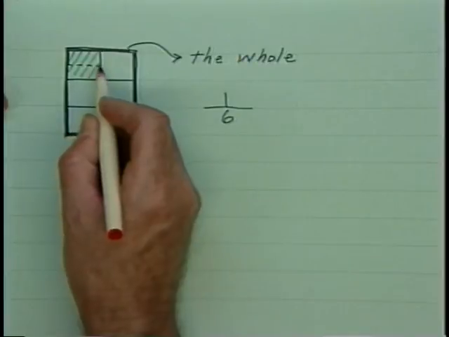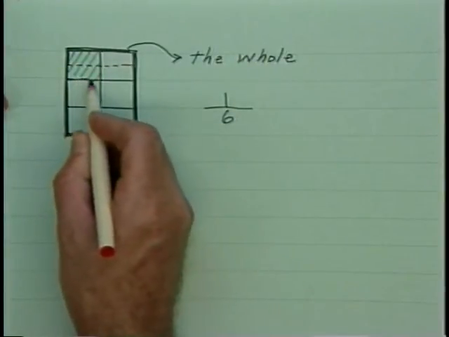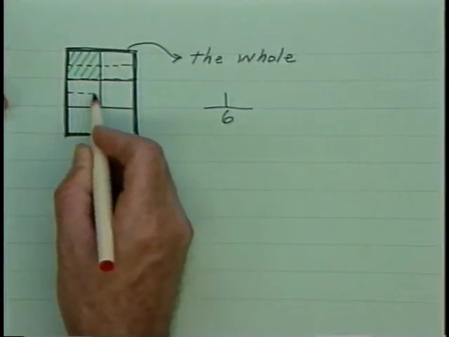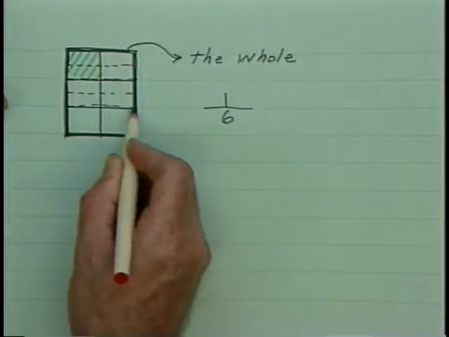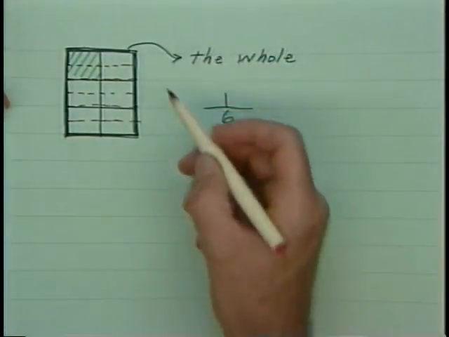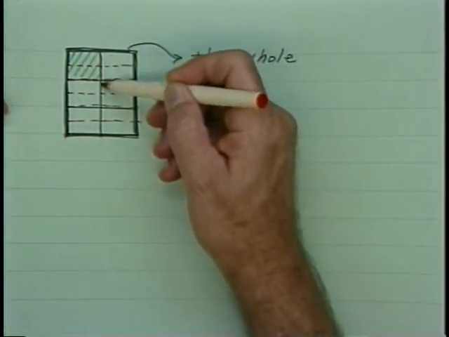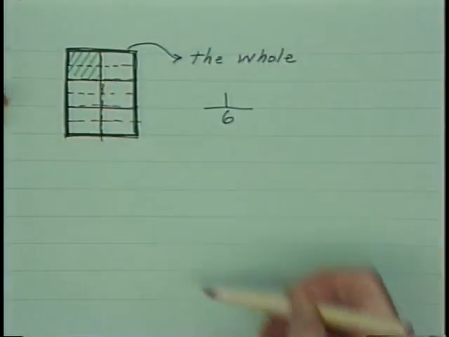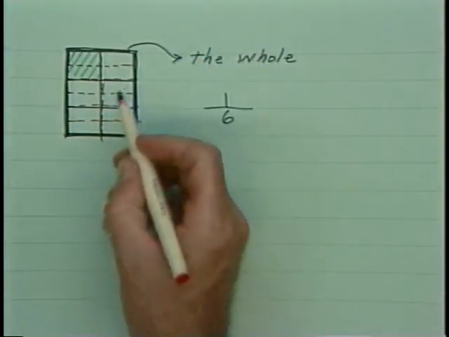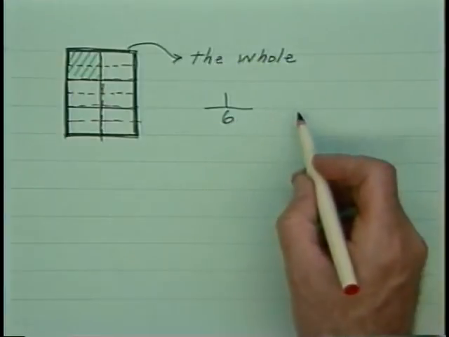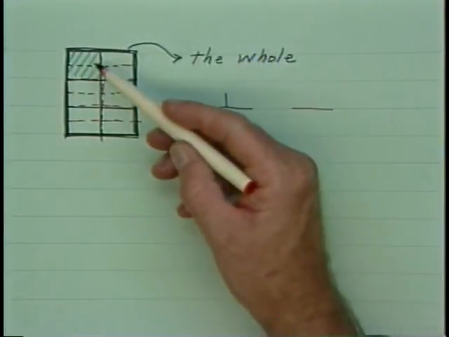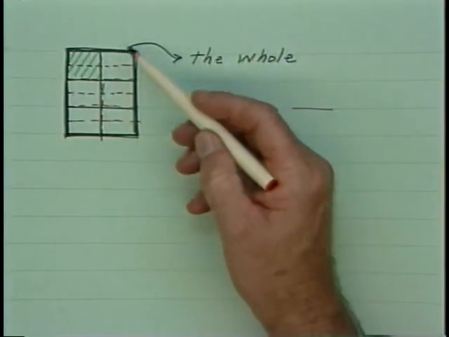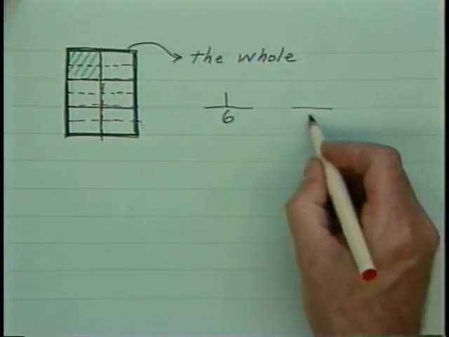We could have divided across here, and taking the smaller squares, we can say now instead of having 6, we've got 1, 2, 3, 4, 5, 6, 12.